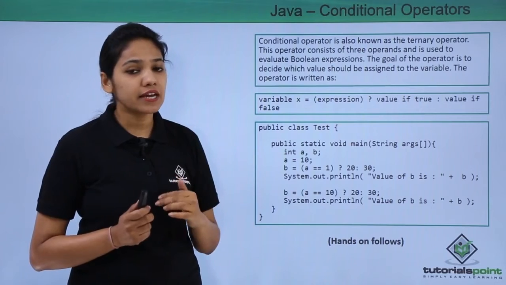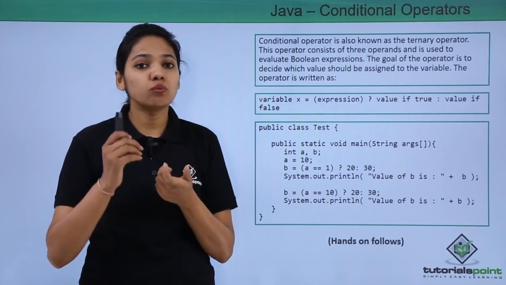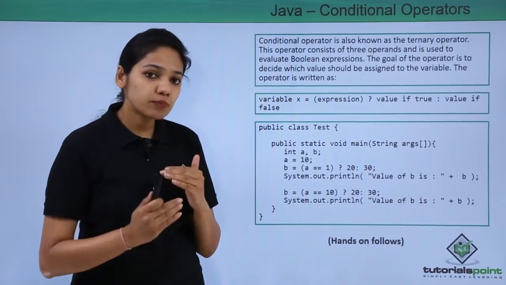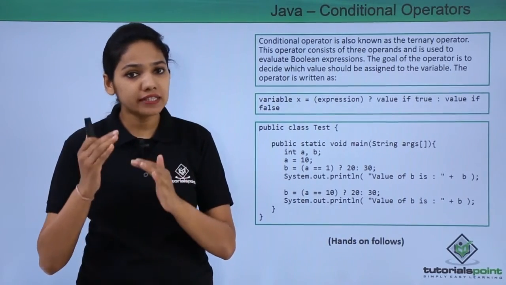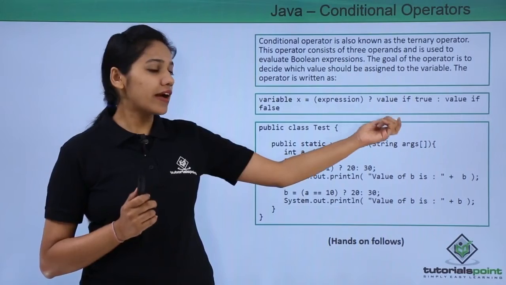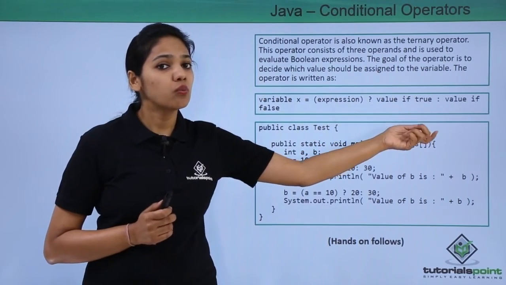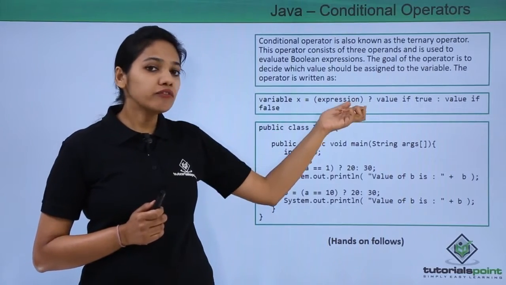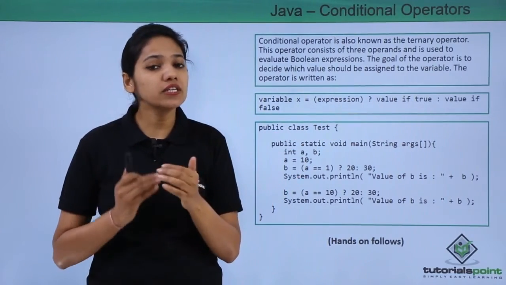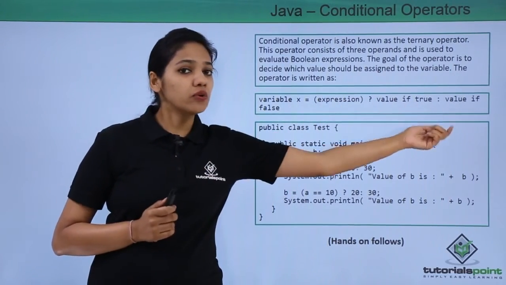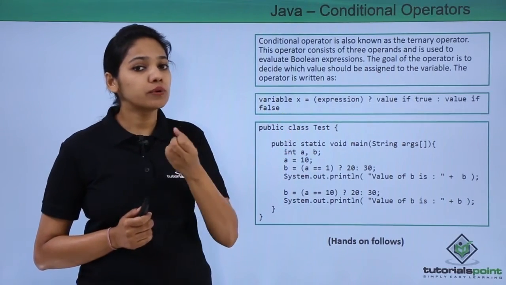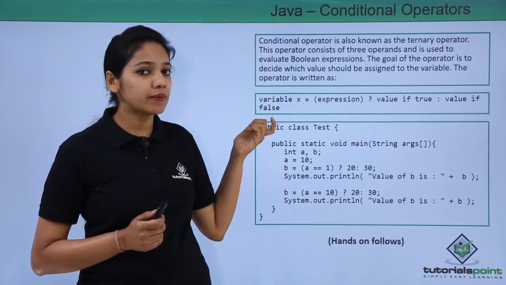If expression 1 satisfies the condition, then the value of expression 2 will be picked and stored in variable x. And if the expression 1 condition is false, then the value if false, which is the expression 3 value, would be picked and stored in variable x.